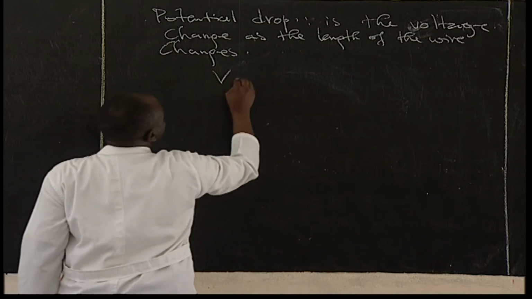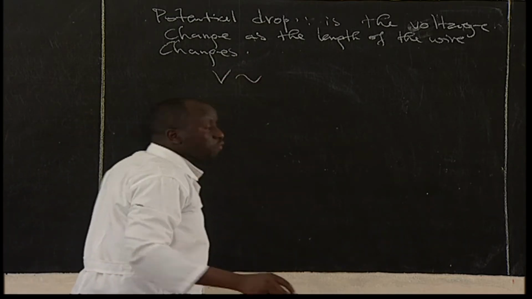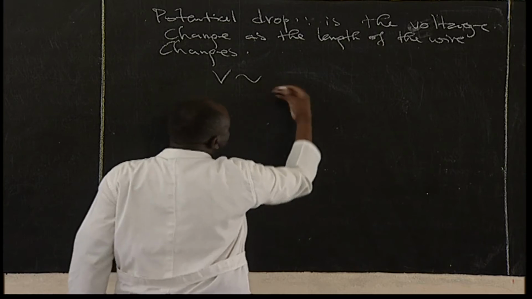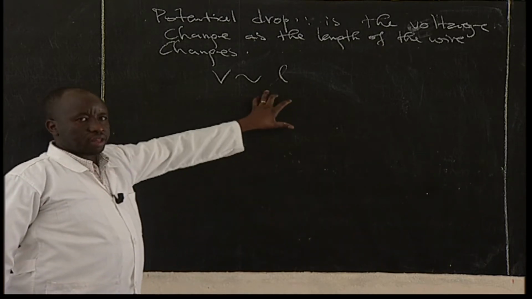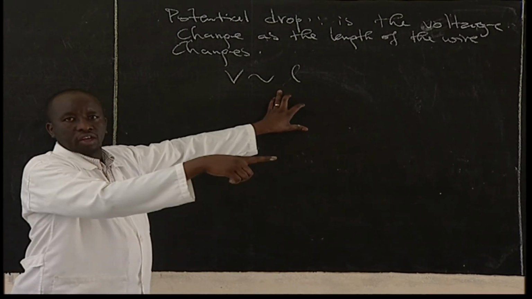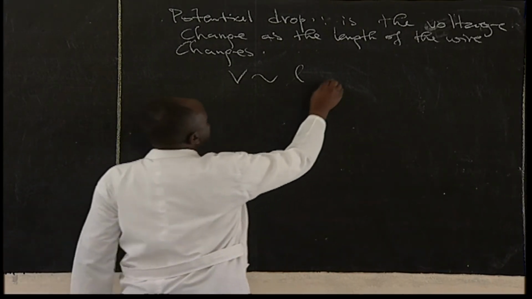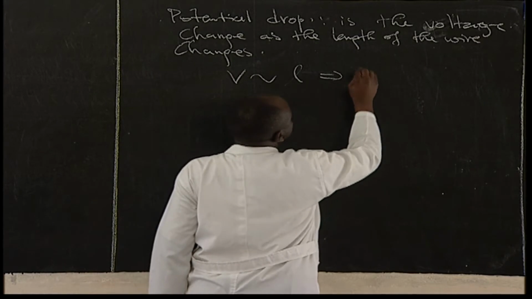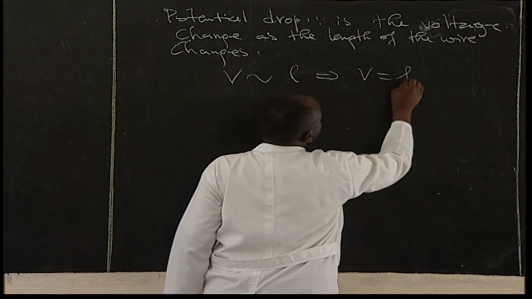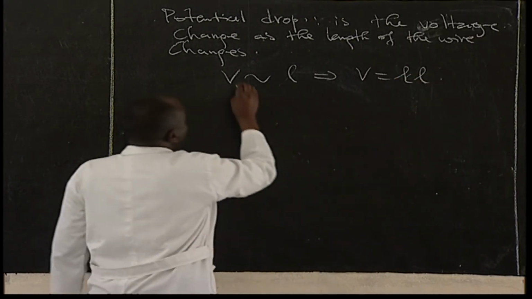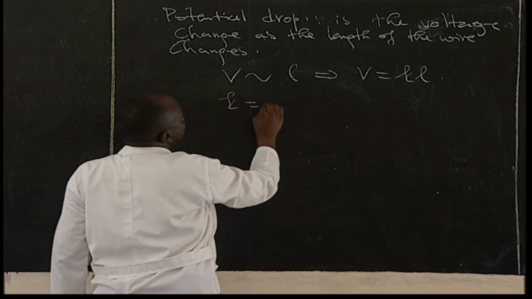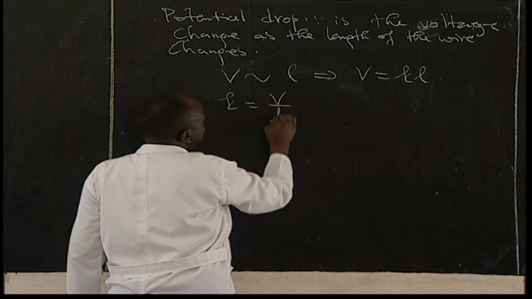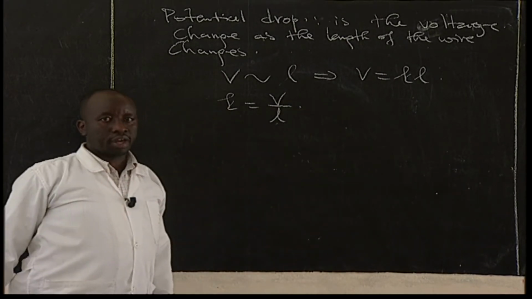So it means that what we have said as the potential difference is approximately proportional to the length of the wire that we have. And the constant of proportionality here is what we have called K. If we want to find this K, then we find it to be V over L. Do you get that?